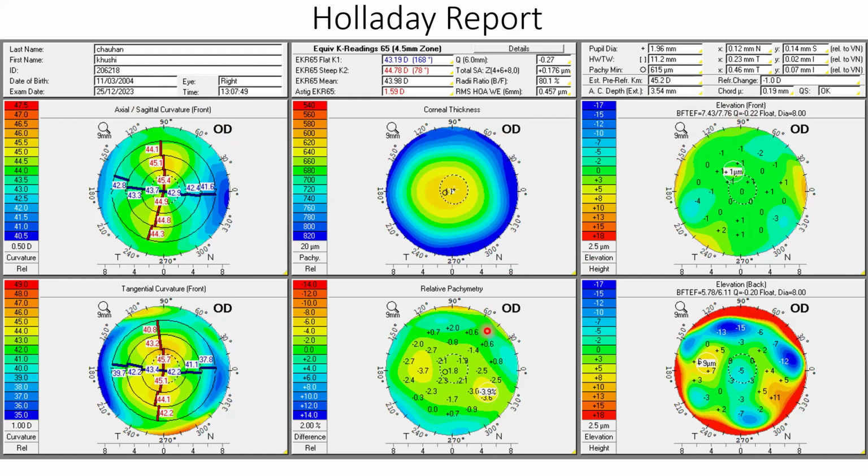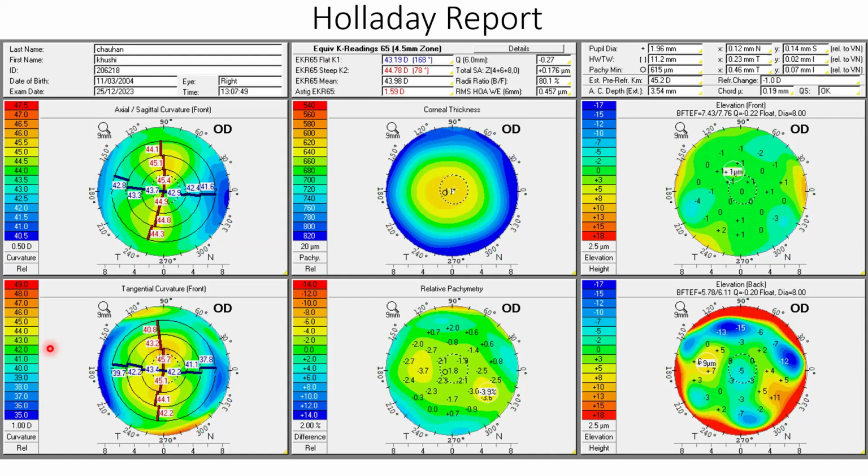So in the tangential map, one important thing to note is that the tangential curvature is based on the radius of curvature relative to the surface at that point. For example, if the radius of curvature of Earth is said to be 4,000 miles on an average, and if we have a mountain of 6 miles, the radius of curvature is 4,006 miles, which, 4,000 versus 4,006, is very little difference.